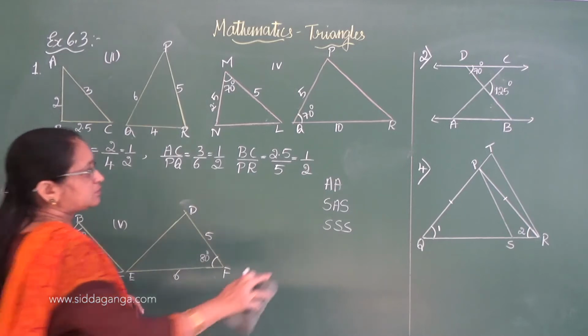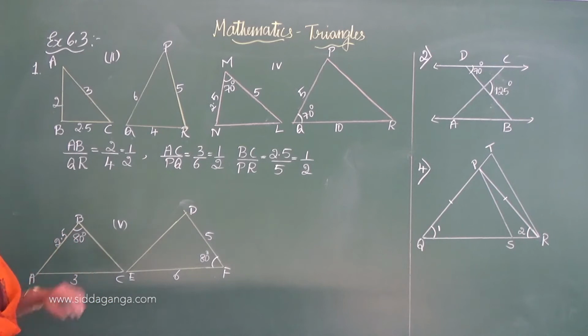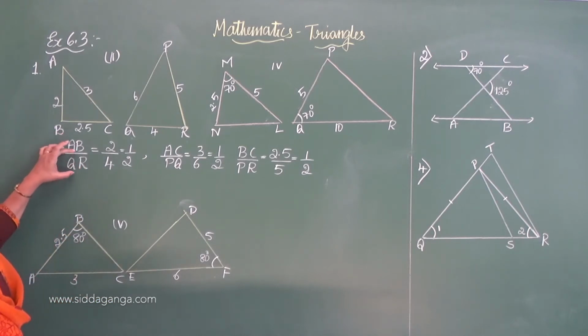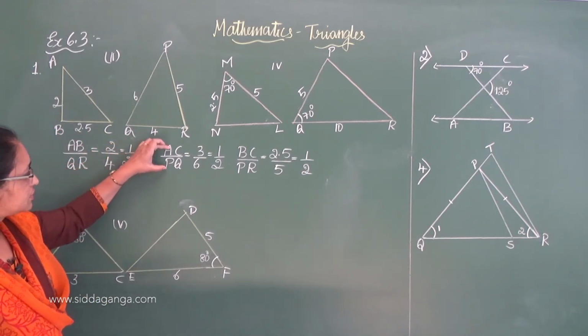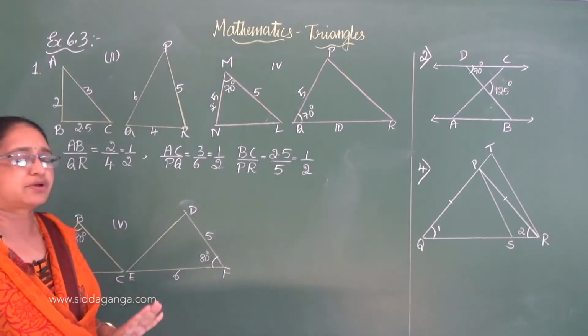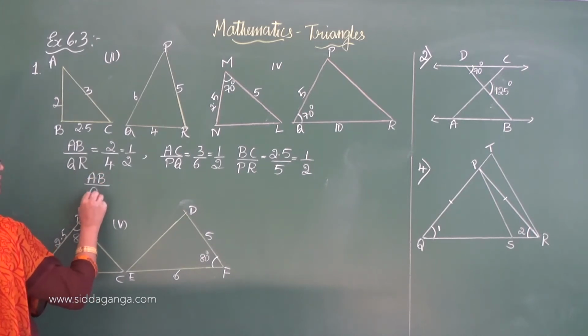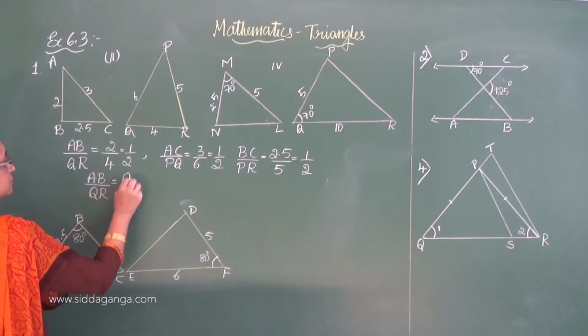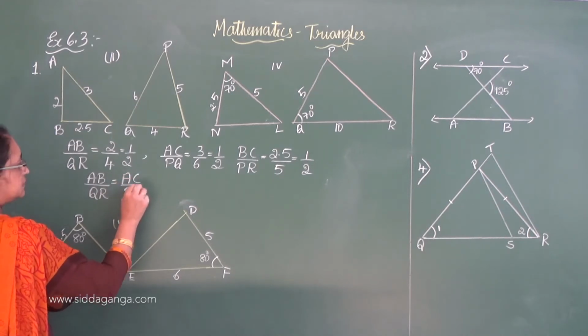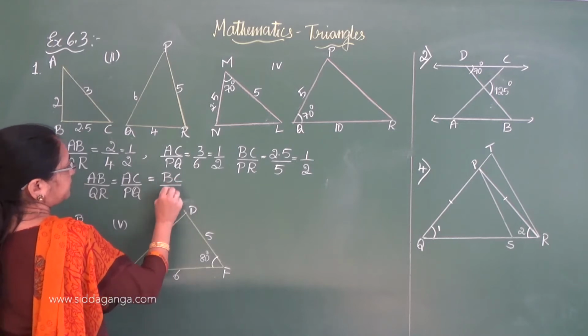Okay. Now, just check the proportionality. AB by QR is equal to AC by PQ is equal to BC by PR. Okay. So let me write now. So AB by QR is equal to AC by PQ is equal to BC by PR.